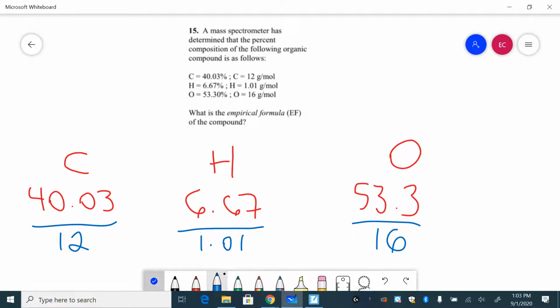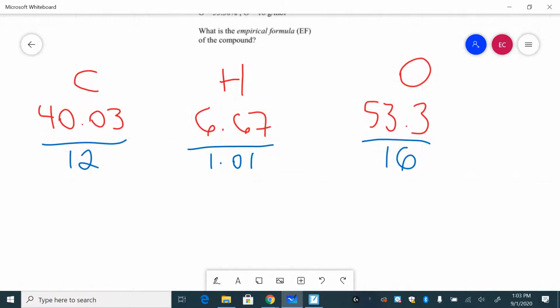If you remember from the previous video, you had 16 grams per mole for oxygen, and you times it by 4 because I had 4 oxygens, and that gave me an answer. That answer is my 53.3. So I've got a total of 53.3 oxygen, and I'm dividing out the grams per mole of oxygen.